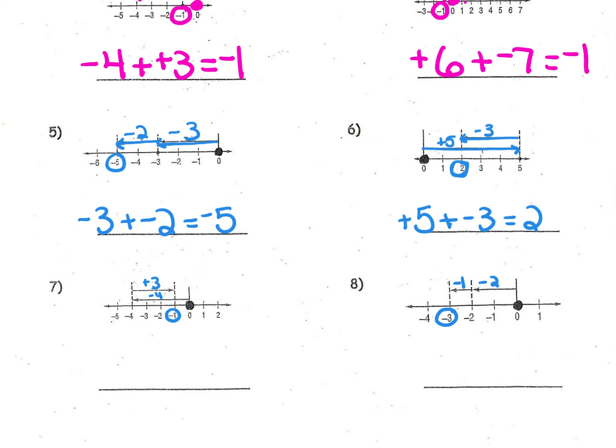For number 7, your first arrow is a negative 4 plus a positive 3 and a final answer of negative 1. And lastly, number 8, a loss of 2 plus a loss of 1 equals the answer or result negative 3. This concludes the video for pages 12 through 16.